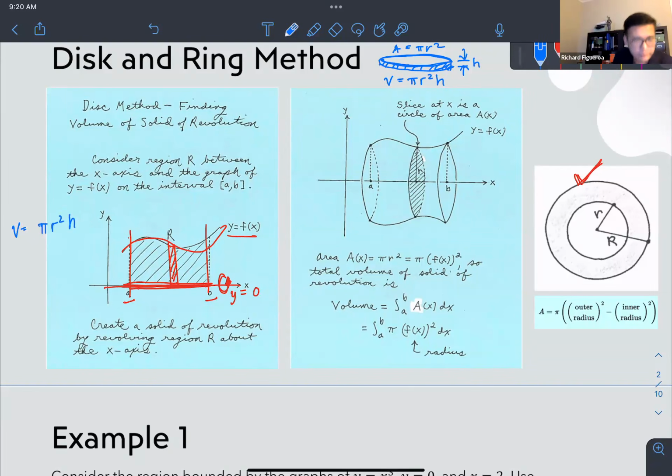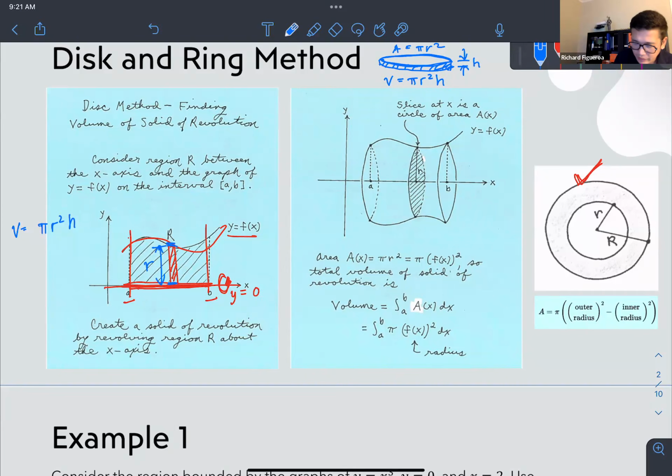Take note that the r there is actually the strip that you use. For example, in this case this is a vertical strip, and this would represent the r. That's the radius. So how do we get the radius?